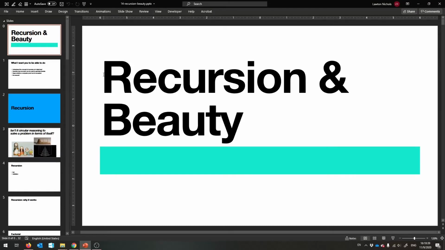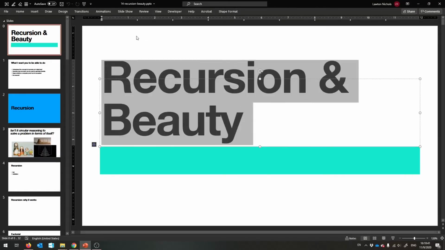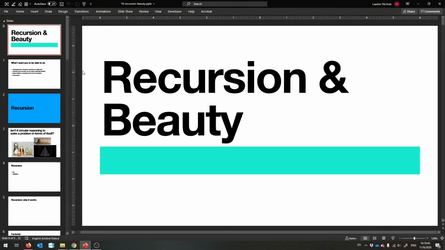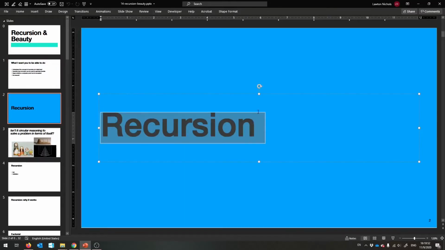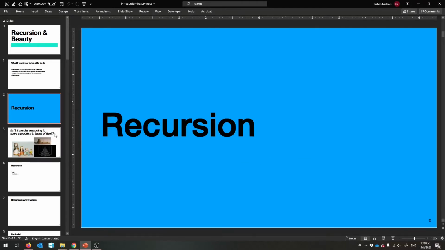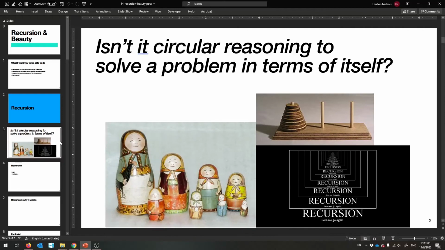The title of these slides is called Recursion and Beauty, and I am really excited to teach this to you. Recursion is one of my favorite topics to teach. So let's get started. Recursion, it's a very interesting word. You might have heard it before, but in computer science, it means a very interesting thing. It's a type of solving a problem.